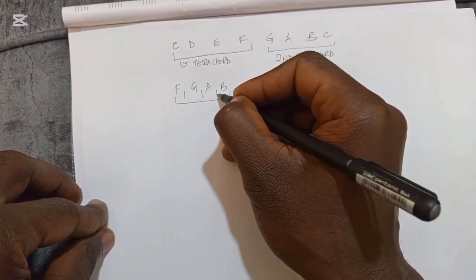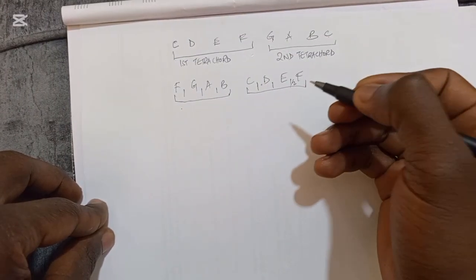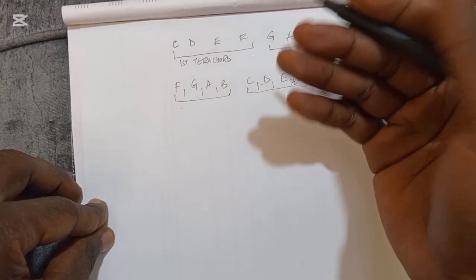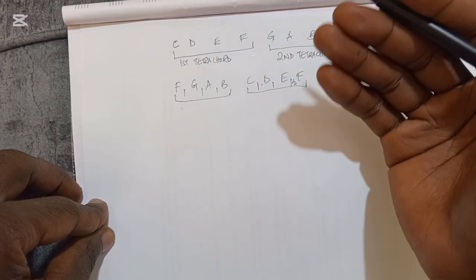Then A to B is also going to be 1, but you don't want it to be 1 because the pattern of a tetrachord is tone, tone, and a semitone: 1, 1 and a half.